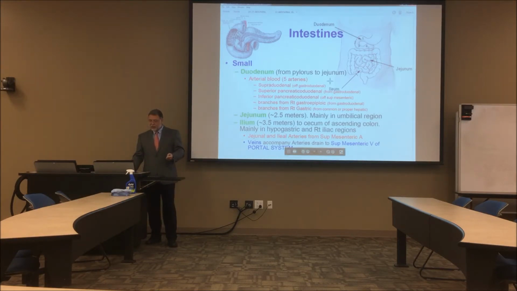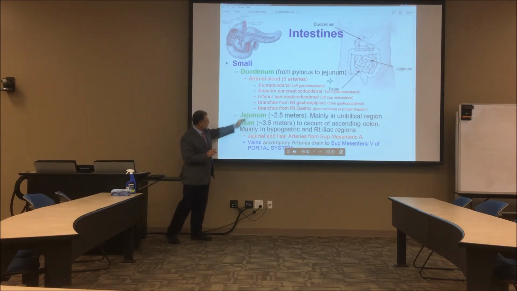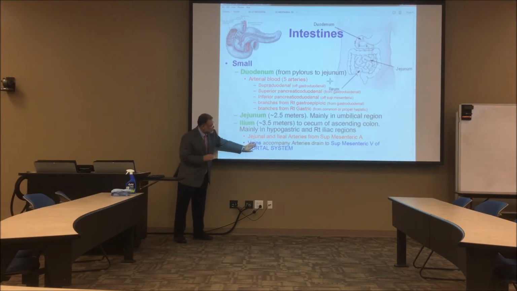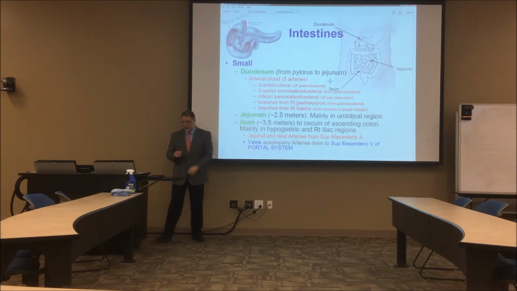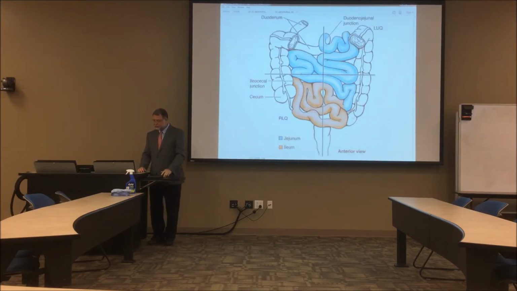And the arteries that supply blood for these structures come directly from the superior mesenteric artery. The blood supply getting out of here to the liver goes through the superior mesenteric vein to the portal system. Remember, the superior mesenteric vein joins the splenic vein and forms the hepatic portal system.